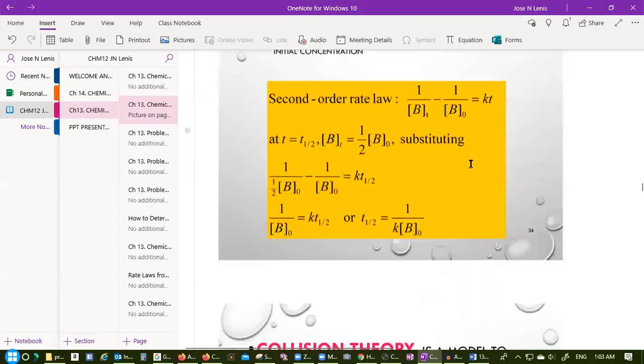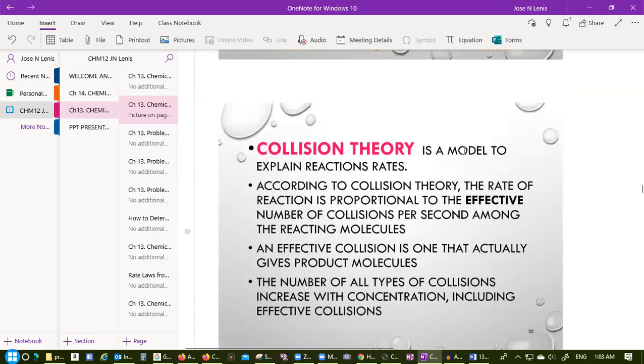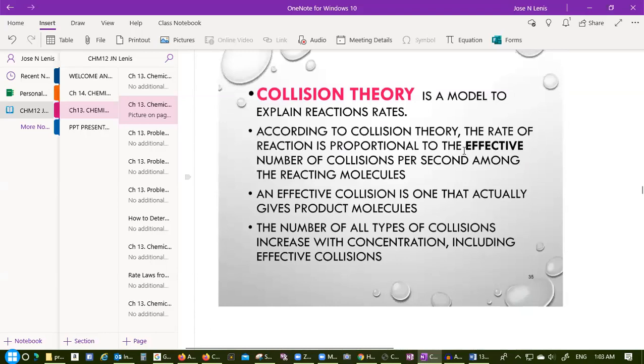All right, so I'm going to leave it here. The next thing will be the last of the chapter, about collision theory, reaction mechanisms, and then we'll solve problems, and that will be the end of chapter 13.